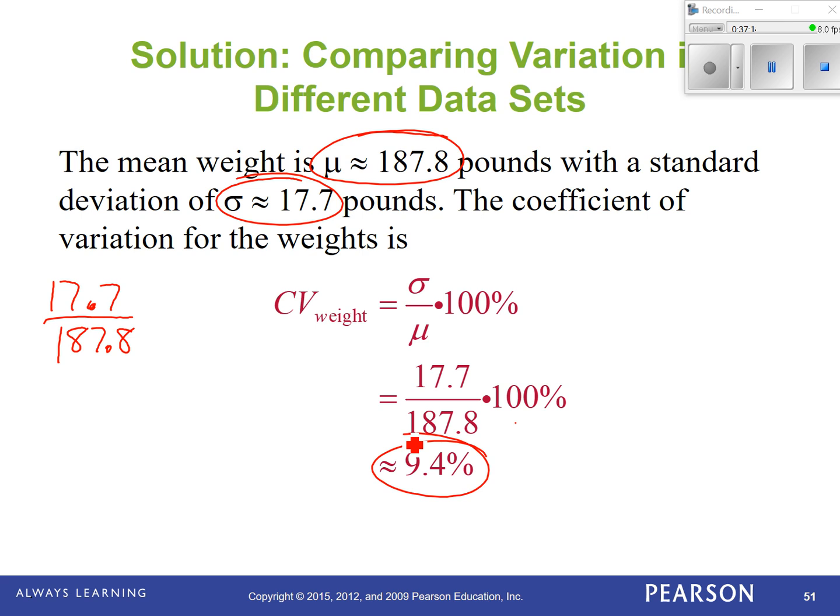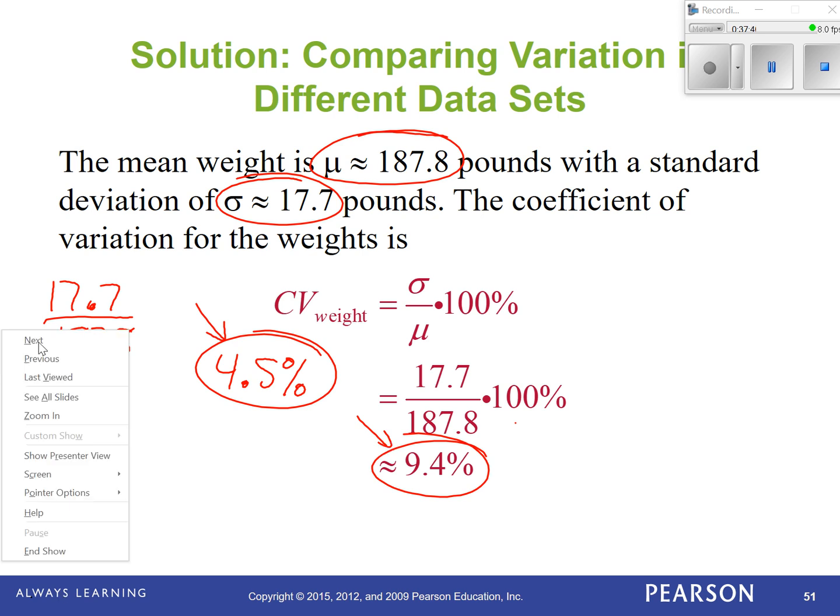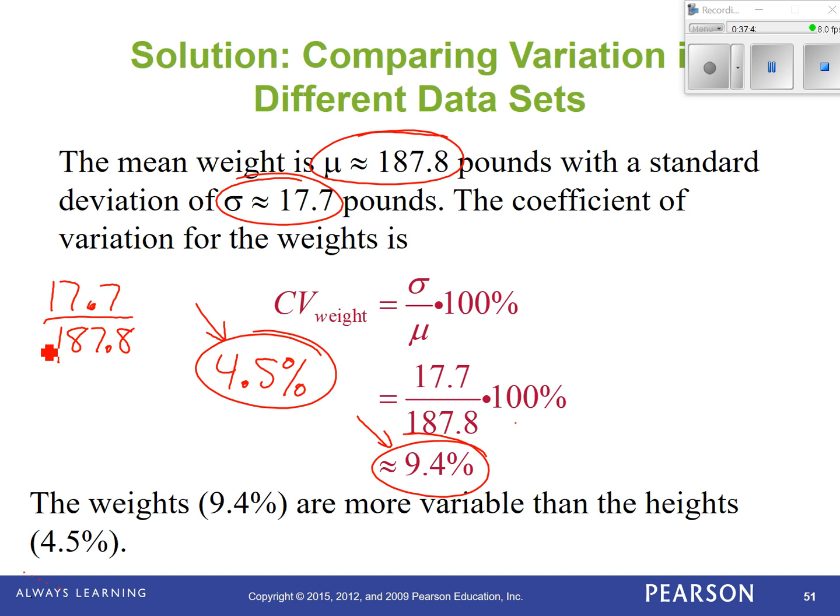So from player to player, their weights vary about 9.4%. The other one was 4.5%, the heights. So the heights are closer to each other than the weights are, because the weights vary more. The weights vary by 9.4% and the heights only vary by 4.5%. So the weights are more variable than the heights.